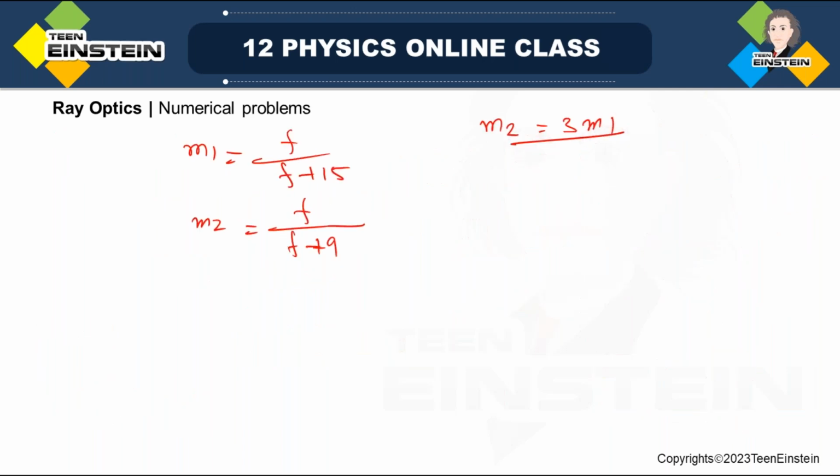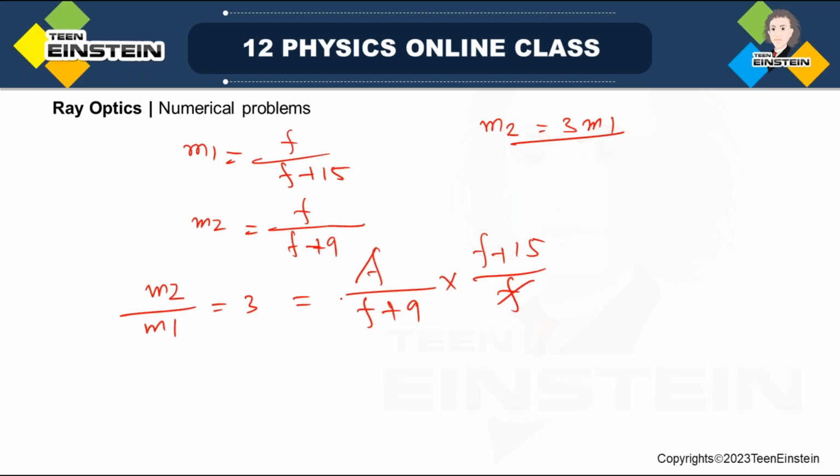So m2 will be 3 times of m1. So we can actually get the ratio of these two. So m2 by m1, this is 3, right? And this is equal to f by f plus 9, times f plus 15 divided by f.